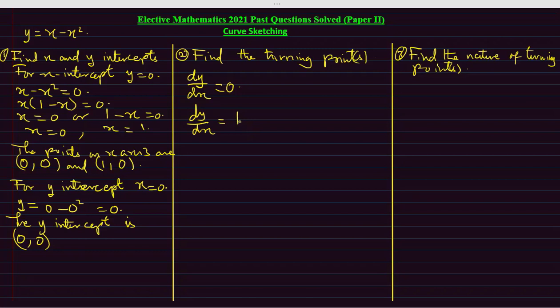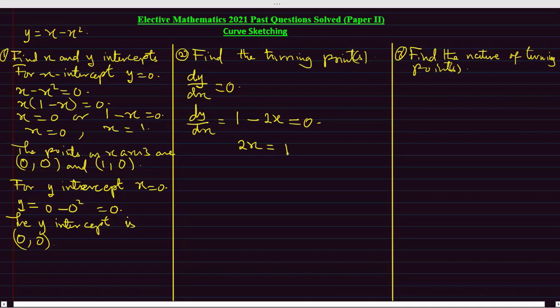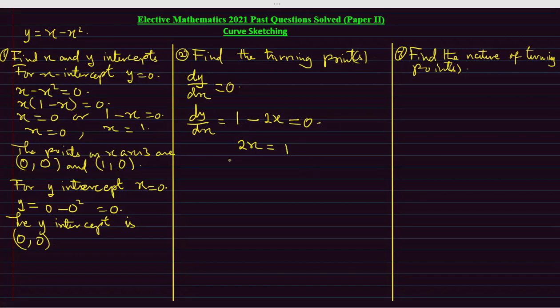Differentiate negative x squared, we will have negative 2x. So for the turning point, this differential should be equal to 0. For that reason, we will have 2x equal to 1, taking 2x to the other side of the equation. And so this implies x equals half.